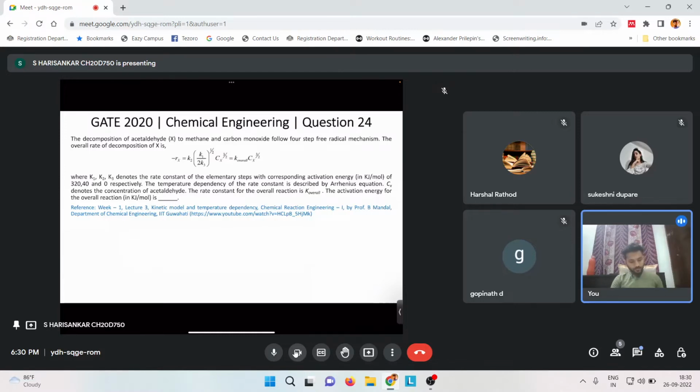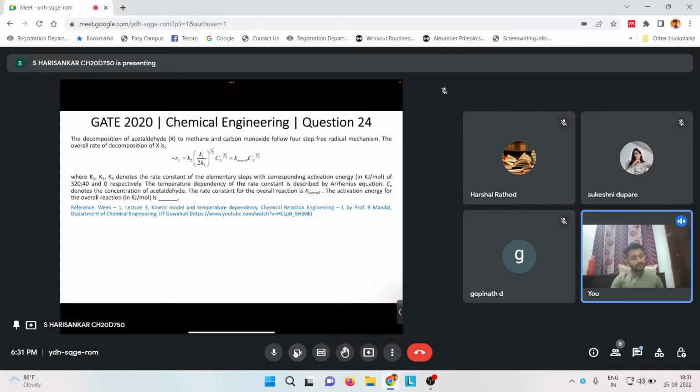The overall rate of decomposition of X is minus Rx equal to K2 into (K1 by 2K3) the whole raised to 1 by 2 into Cx raised to 3 by 2, that is equal to K overall Cx raised to 3 by 2, where K1, K2, K3 denote the rate constants of the elementary steps with corresponding activation energy in kilojoule per mole of 320, 40 and 0 respectively.